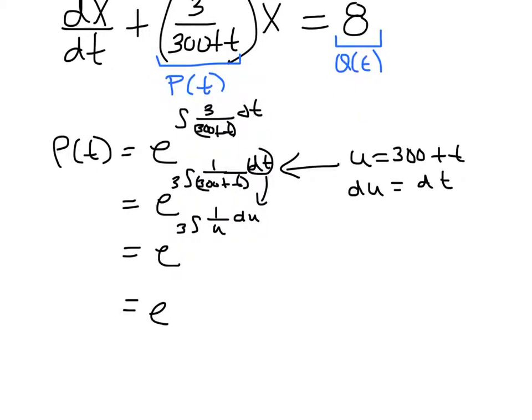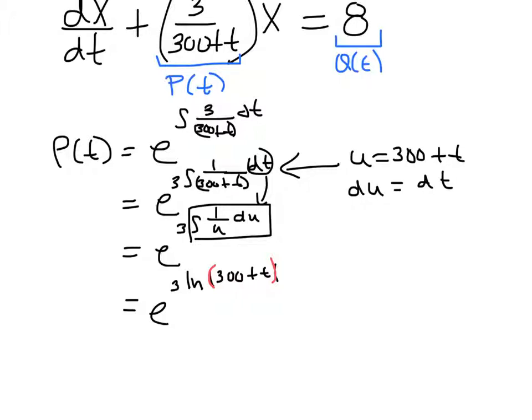If I integrate this indefinite integral, I have ln of u, but our u is really 300 plus t. Technically it is the absolute value, but we know the time is positive here, so we can ignore the absolute values; it's not necessary in this case.